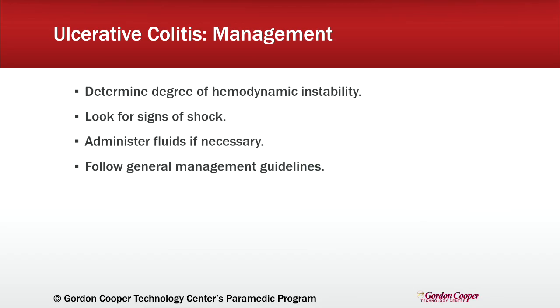Treatment is going to depend on the degree of hemodynamic instability, so watch for signs of shock with these patients. Administer fluids as necessary and follow those general management guidelines so that you provide general supportive care as needed.